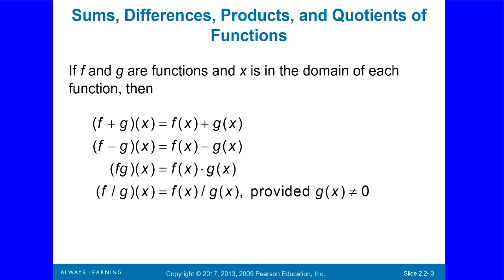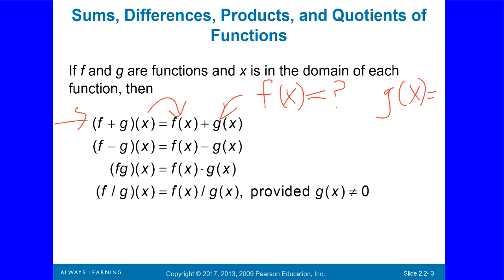So if you look here, I have f plus g. I'm just going to add f plus g of x, and then I will break it down to f of x plus g of x. So if I was given some function f of x equal to some output, and g of x equal to some output, I would just add everything after the equal sign.